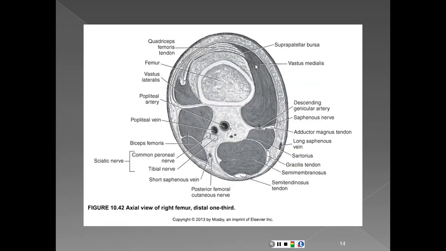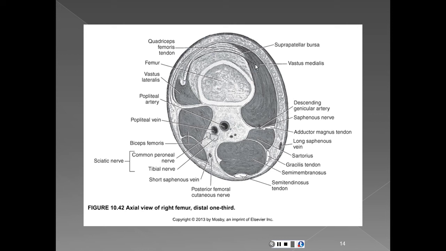Okay, so now we have an illustration. 1042, axial view of the distal third of the femur. This image is on page 674. And the muscles of the anterior thigh compartment, we can talk about here.